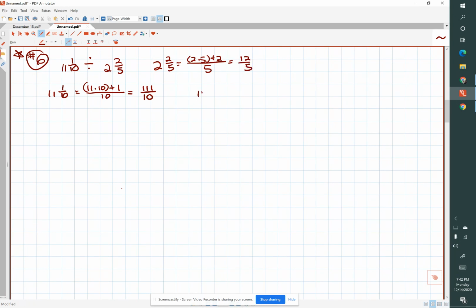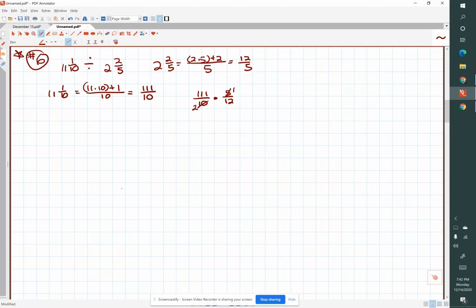So now we have 111 over 10 multiplied by 5 over 12. So 5 divided by 5 is 1. 10 divided by 5 is 2.